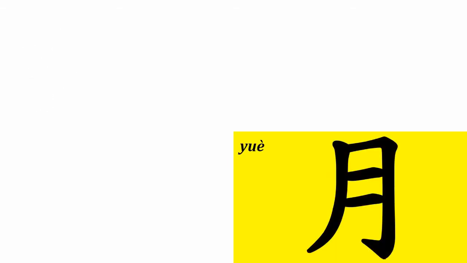Notice that, even in the ancient pictograms, the 2 characters, moon and flesh, are nearly identical. So, here is the character for moon, or month. Pronounced 4th tone, 月, 月.